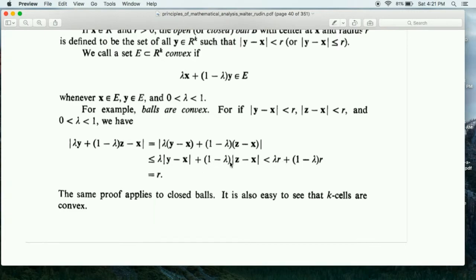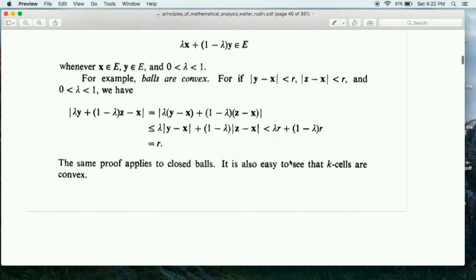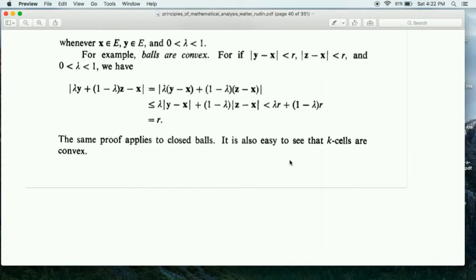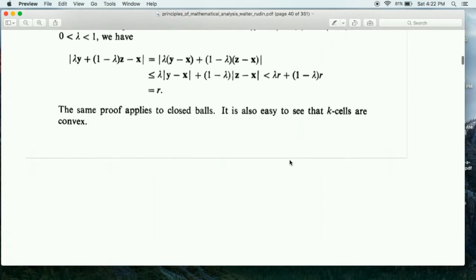So this expression is less than lambda r plus (1 minus lambda) r. And after solving this, we get that this is less than r. So this line lies in the set, in the ball. We can use a similar proof for closed balls. And the convexity of k-cells also easily follows.